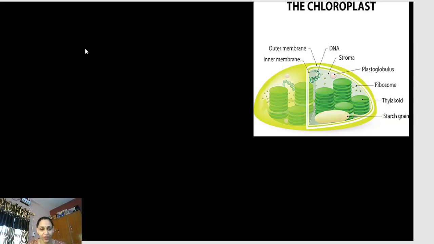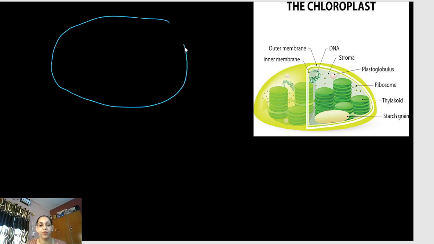Come to the structure of the chloroplast. Chloroplast is also a double membrane bound structure. This is outer membrane. Then inner membrane.